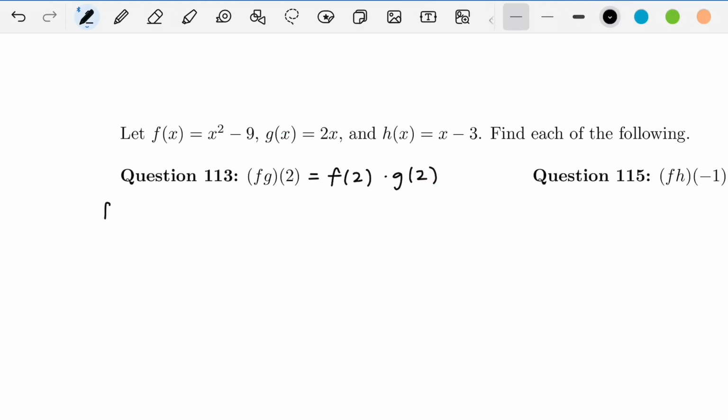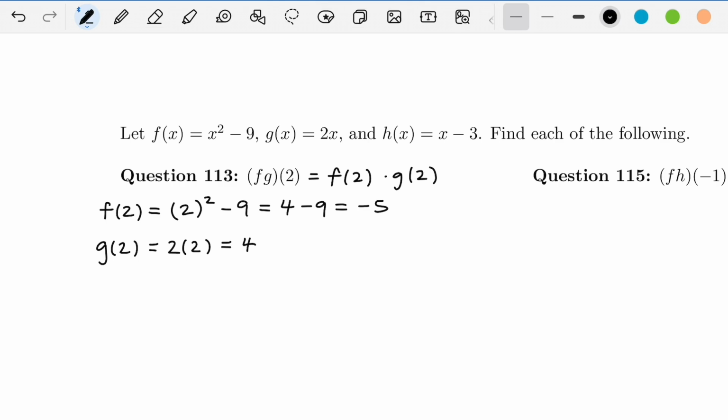So what we can do is evaluate these two functions at x is equal to 2 separately, and then multiply those values. So f of 2 we're going to find by plugging 2 into our x. This will give us minus 5. And then g of 2, we're going to do the same thing, just plug 2 in for x. So this will give us 4.